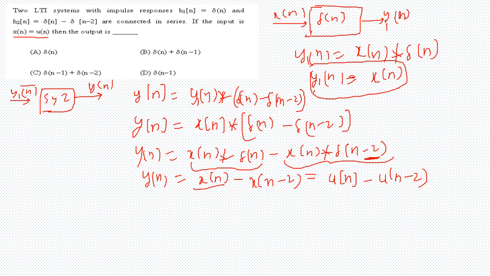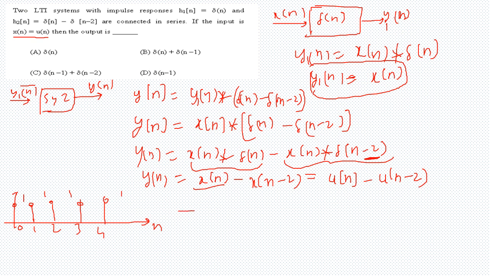Now you can check that none of the options is like this. So we need to further see what exactly u of n is. If we plot it pictorially, say this is n. So u of n means 1, 1, 1, 1 for 0, 1, 2, 3, 4, it starts from 0.